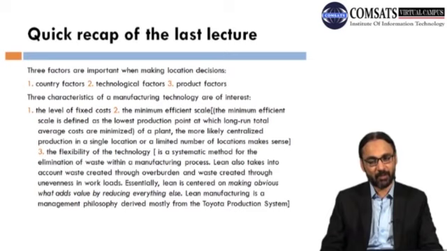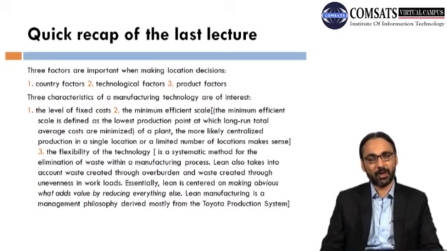We had discussed the minimum efficient scale is defined as the lowest production point at which long-run total average costs of a plant are minimized, and more likely centralized production in a single location or limited number of locations makes sense.